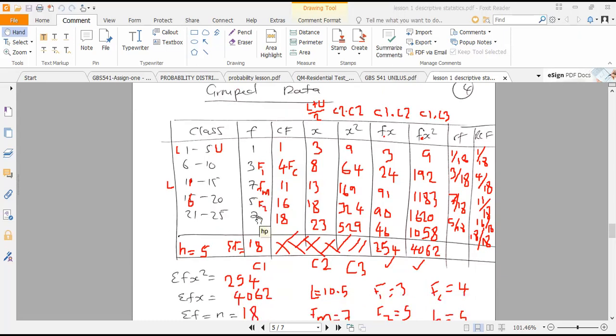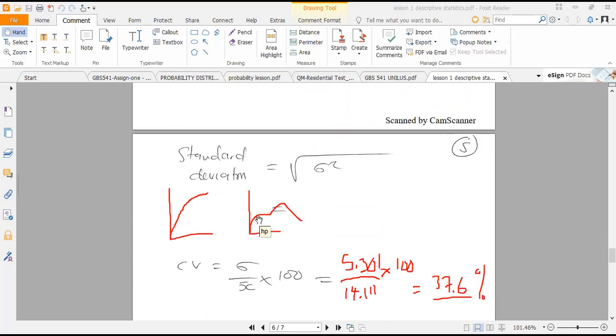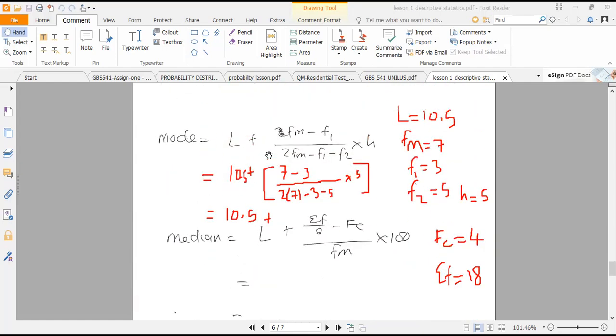So this is how we find our mode: Fm minus F1 over 2Fm minus F1 minus F2, times the height. So 10.5 plus 7 minus 3, over 2 times 7 minus 3 minus 5, then you multiply times the height.